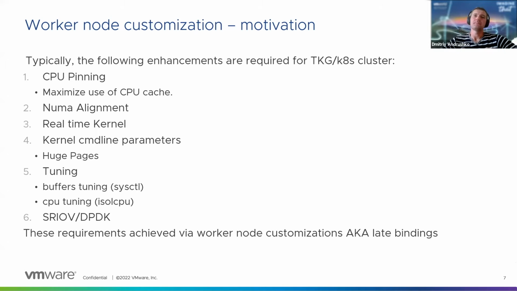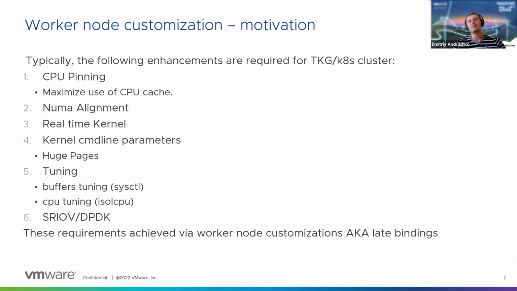which might not be sufficient for common telco use cases. Moreover, in multiple cases, you need to tune your Kubernetes worker nodes to satisfy requirements which a CNF might have. Examples of these requirements you may see here: CPU pinning of your worker nodes, alignment of them on a particular NUMA node, tuning some kernel parameters or the host operating system.